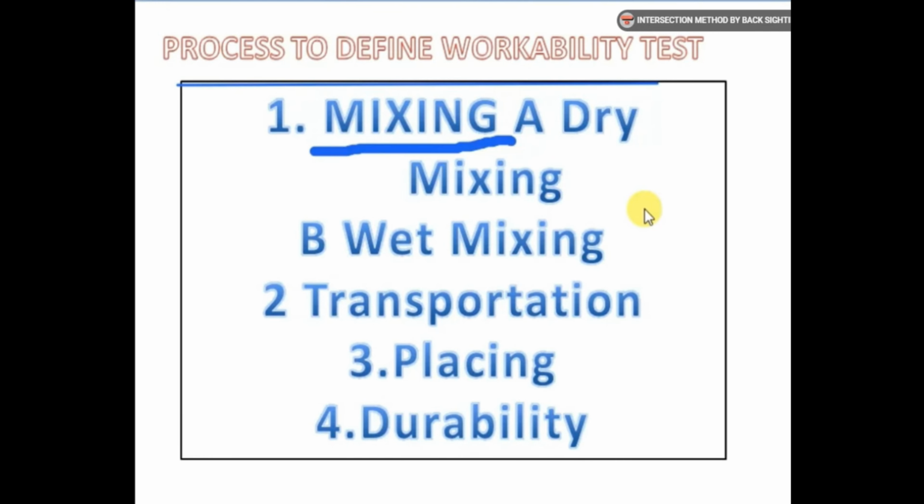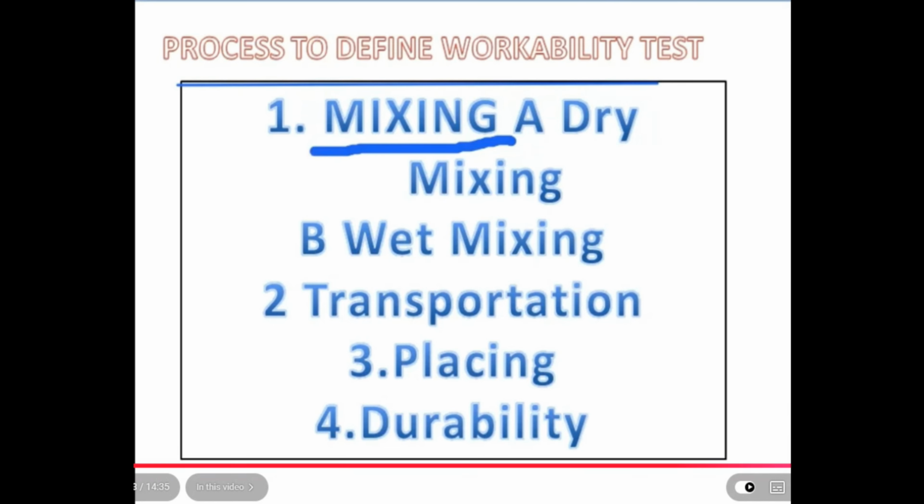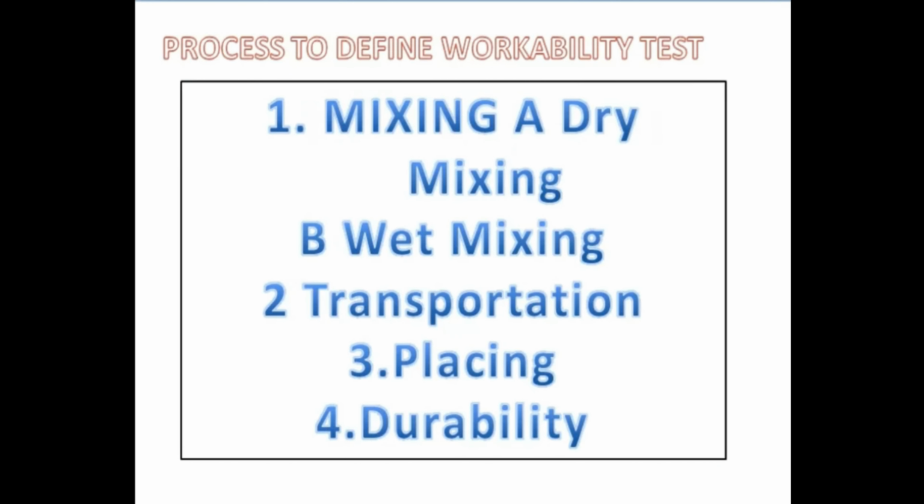Then finally, it has to be compacted, and compaction decides the durability of that particular sample. So this is a very short and brief description of what actually the durability or workability of concrete is.